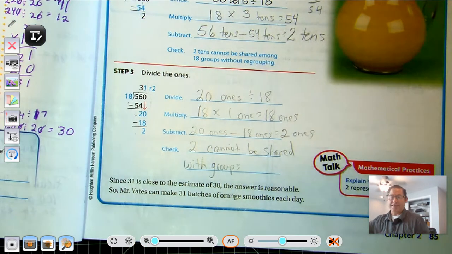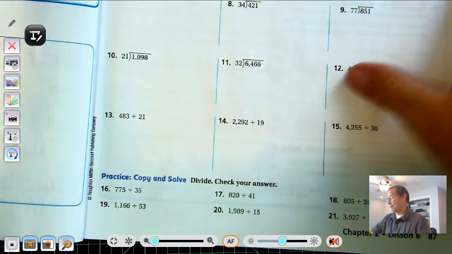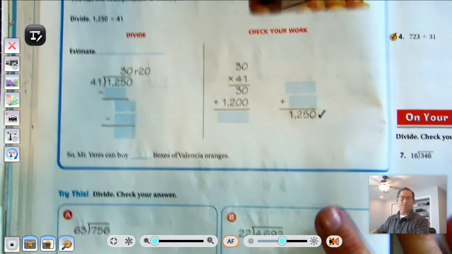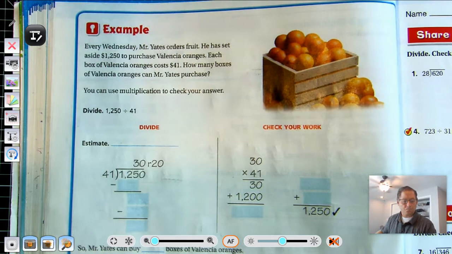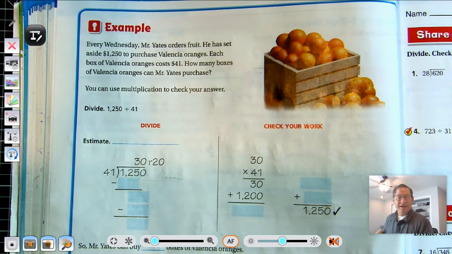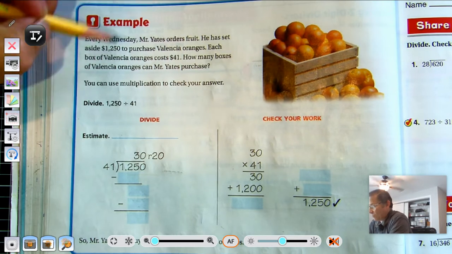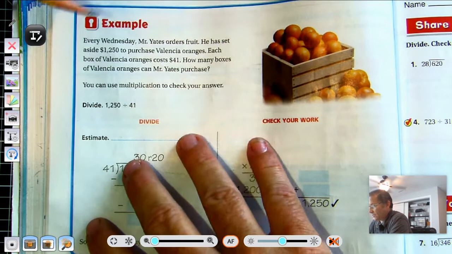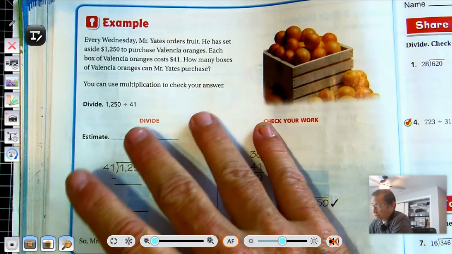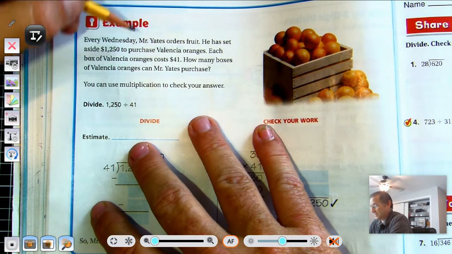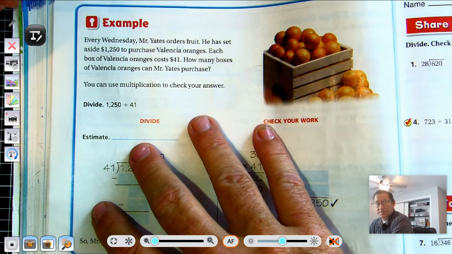All right, so page 86. Every Wednesday, Mr. Yates orders fruit. He has set aside $1,250 to purchase Valencia oranges. Each box of Valencia oranges costs $41.